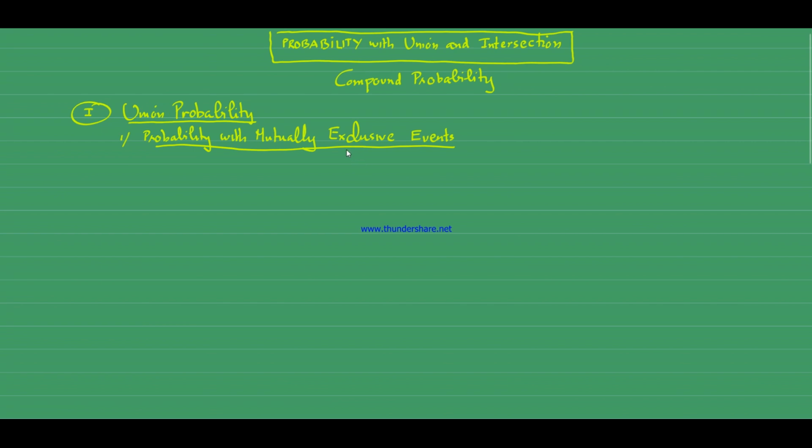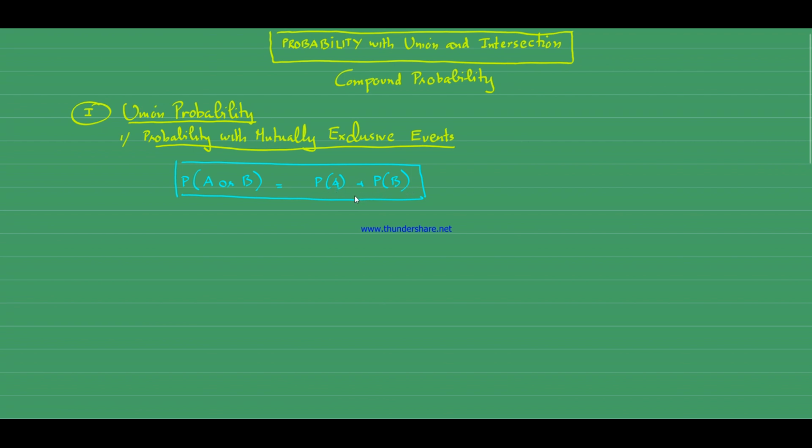But first, the formula to find this type of probability is as follows. The probability of the first event A union event B is equal to the probability of A plus the probability of event B. And again, events A and B here have nothing in common.